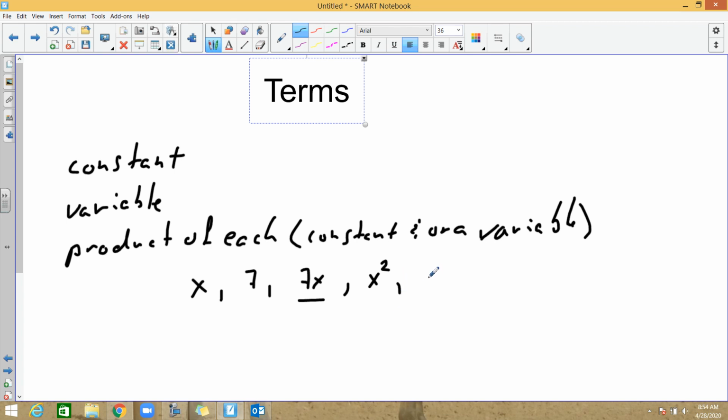We're also talking 3a times a quantity of, I don't know, a minus 1. And if we go that route, we can also go things like 1/2 x minus 4, 2x minus 3, quantity to the 4th.